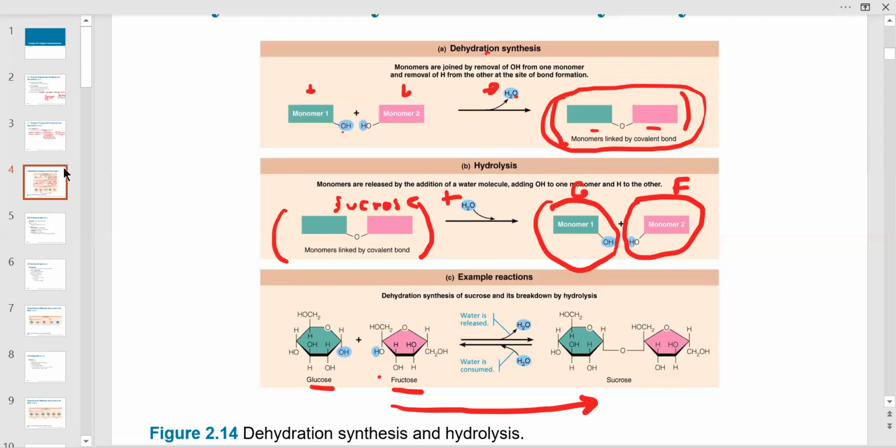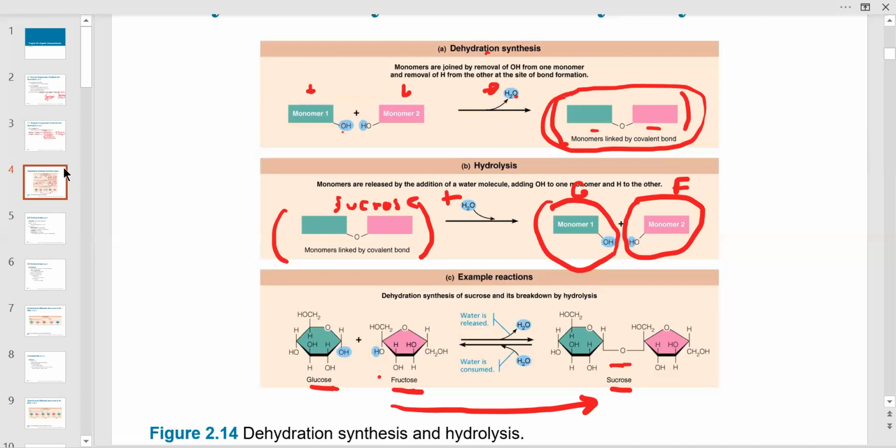So we're going from one monomer plus one monomer equals a polymer. That's anabolic, right? So if it goes in that direction, are we going to use dehydration synthesis or hydrolysis? The easy way to remember is because we're going anabolic, we're building something bigger, it's synthesis. And synthesis always involves dehydration. That's how I remember it.